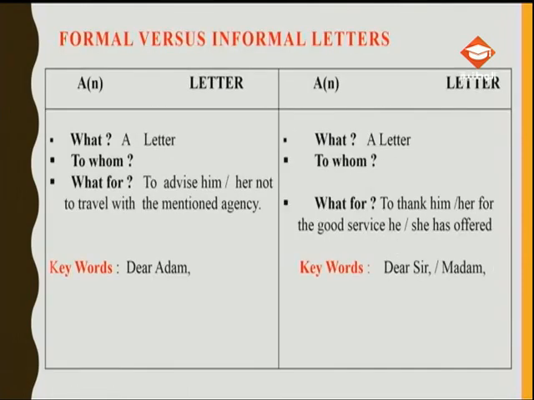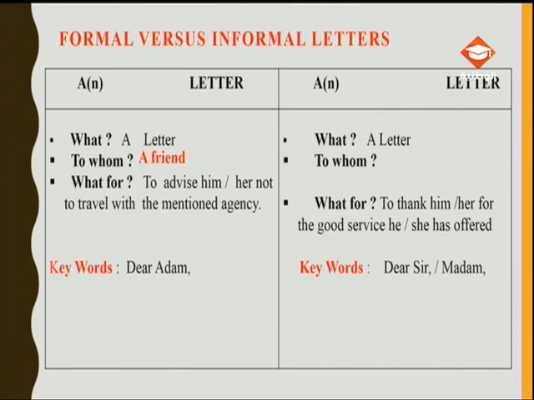Let's read then for this letter. What am I asked to write? I am asked to write a letter. But to whom am I writing? I'm writing to a friend. And there are keywords.